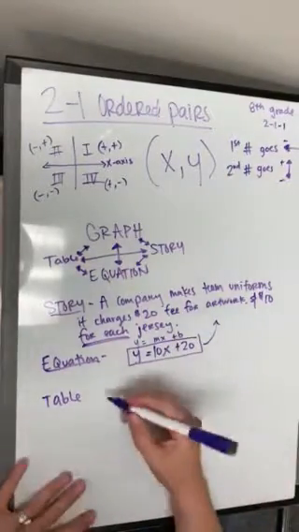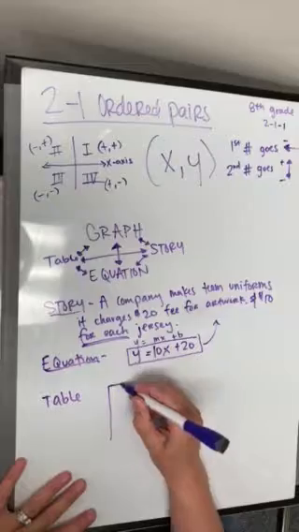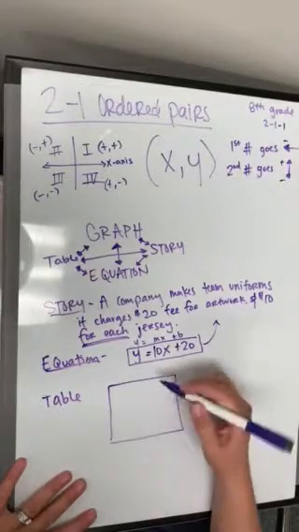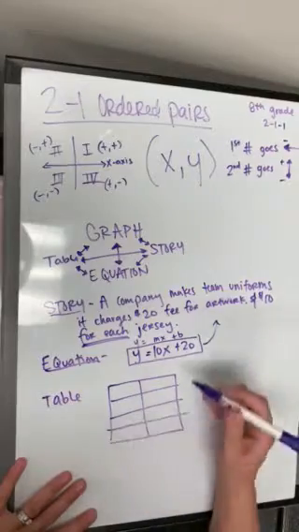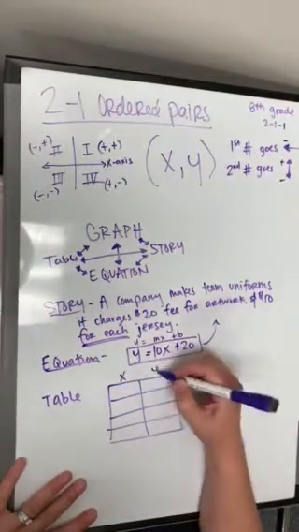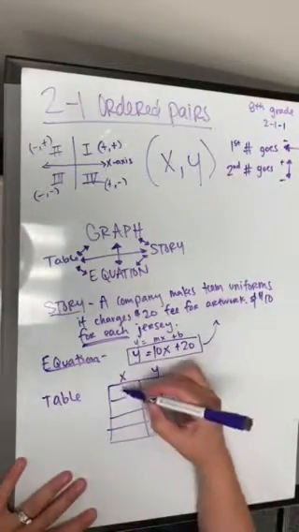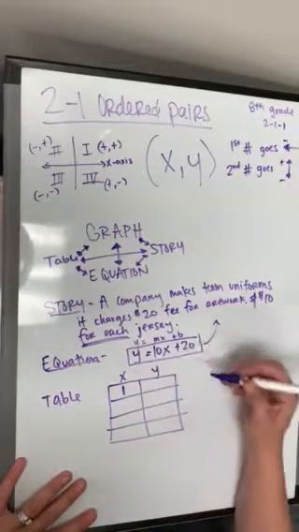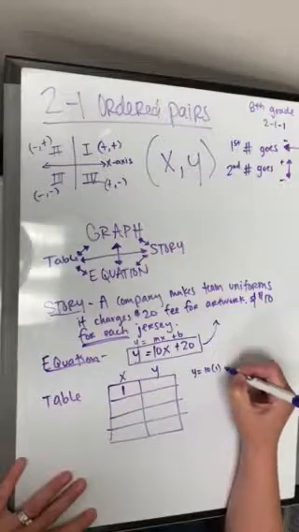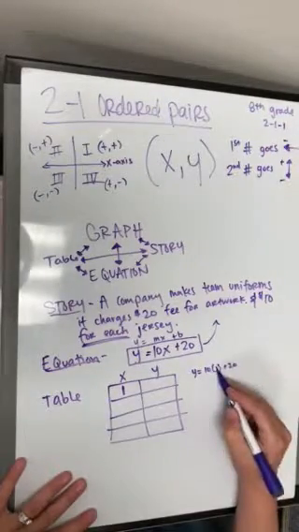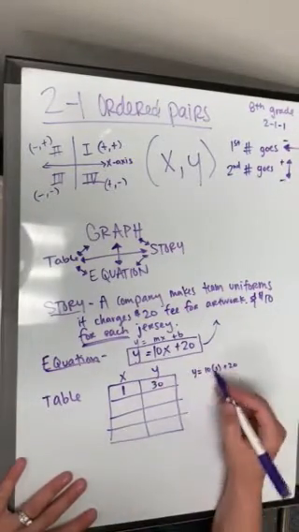So a table's nice because it's like, hey, these are what you have to use. So if I say, okay, X number here, Y number here, when I buy one jersey, I substitute it right there and I say, okay, Y is equal to 10 times 1 plus 20. Well, 10 times 1 is 10 plus 20 is 30. So Y is 30 when X is 1.